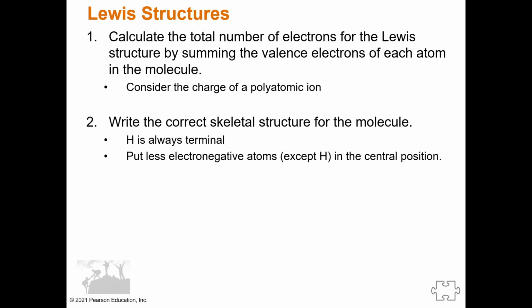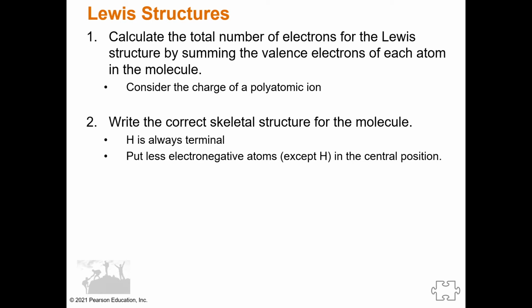So follow these rules in order so that you can draw the correct Lewis structure for each molecule. This order is a little bit different from the textbook, but I feel that this arrangement will get you drawing Lewis structures better and even faster.